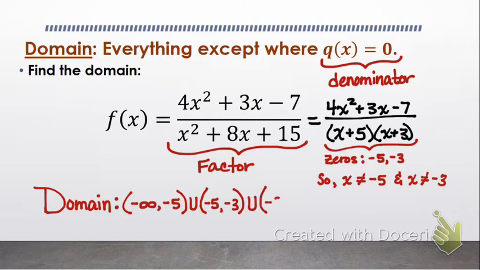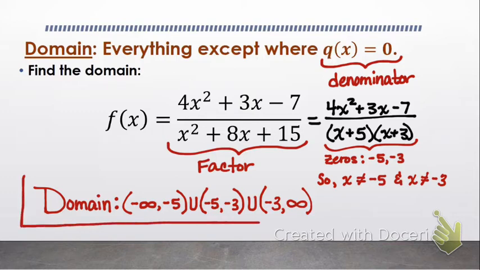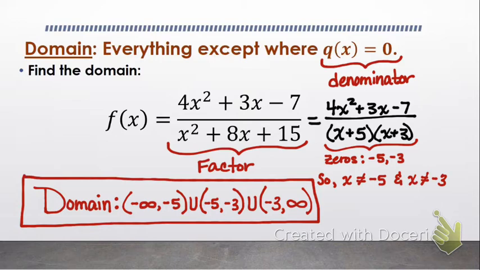It can pick up on the other side of negative 3, and we can have any other value after that. So remember, this is how I write a domain if I'm trying to just exclude a couple values. All right, so there's domain. Factor the denominator, find the zeros, leave those out, so parentheses, not brackets, unions in between.